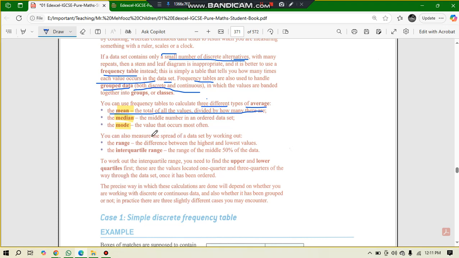This spread of the data is calculated by the range. The range is the difference between the highest value and the lowest value. Another is called the interquartile range, which is the range of the middle 50% of the data, right?